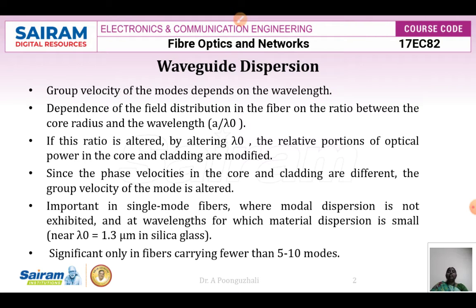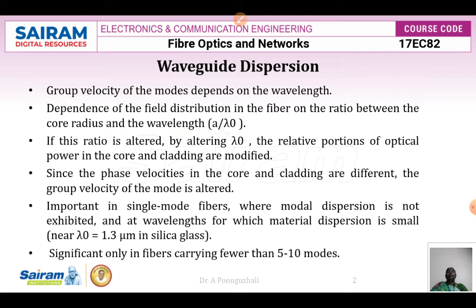The field distribution inside the fiber depends on the ratio between the core radius and the wavelength. So core radius is a and the wavelength is lambda.